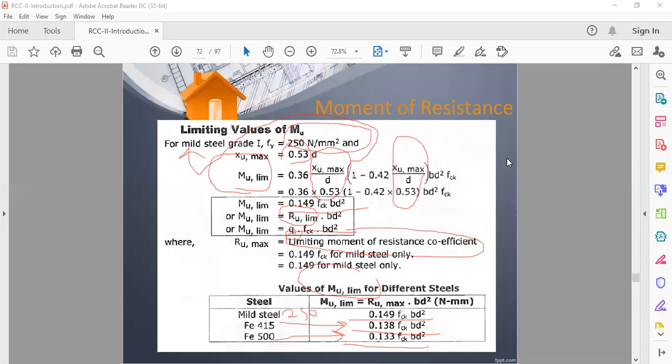In HYSD, you do have two parts, right? So for all these three grades of steel, 250, 415, and 500, we got the values of Mu.